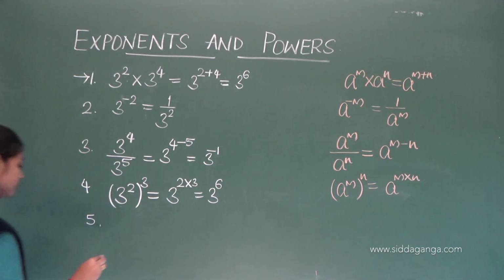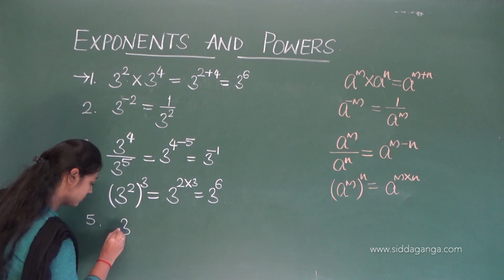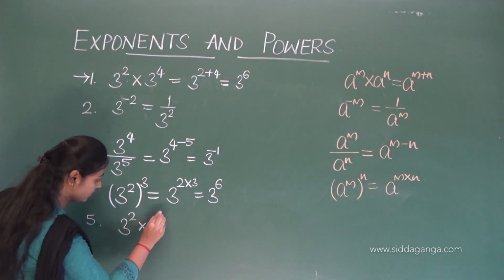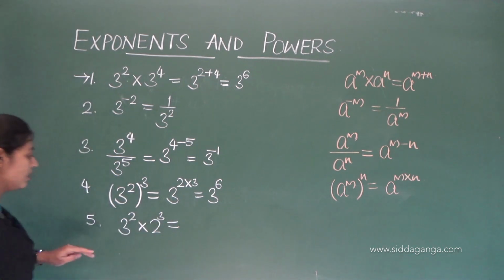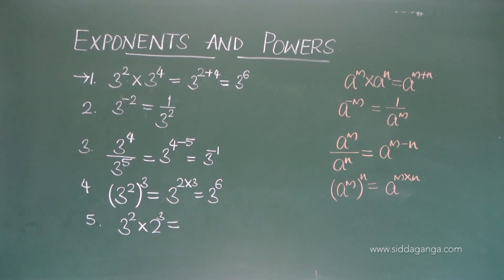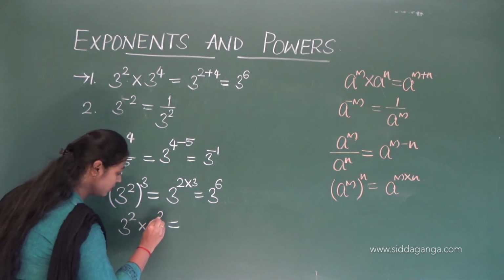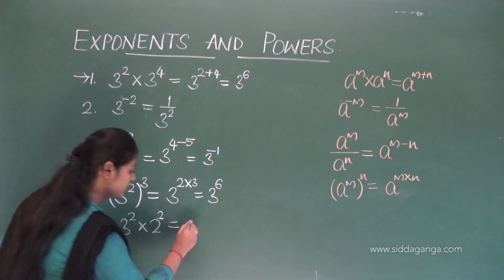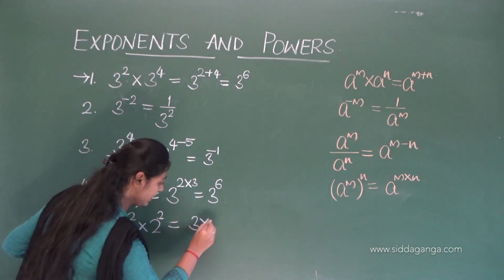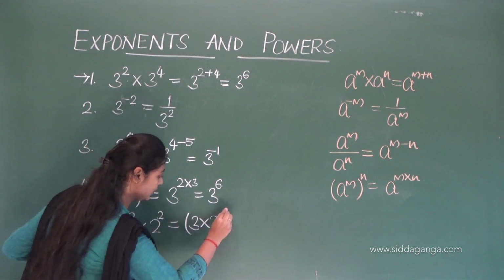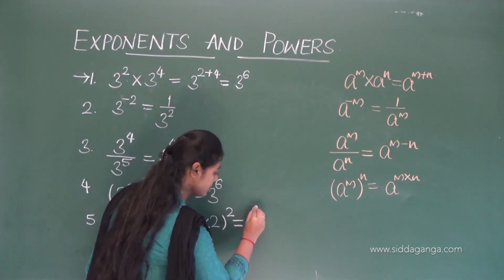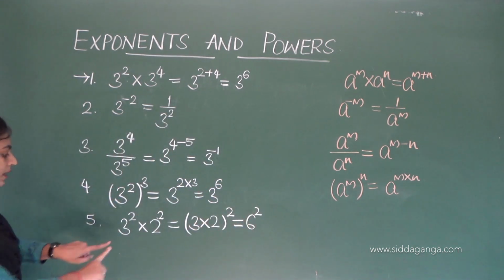Next one. When bases are different but exponents are similar, we can write 3 into 2 whole to the power of 2, that is 3 2s are 6, 6 to the power of 2.